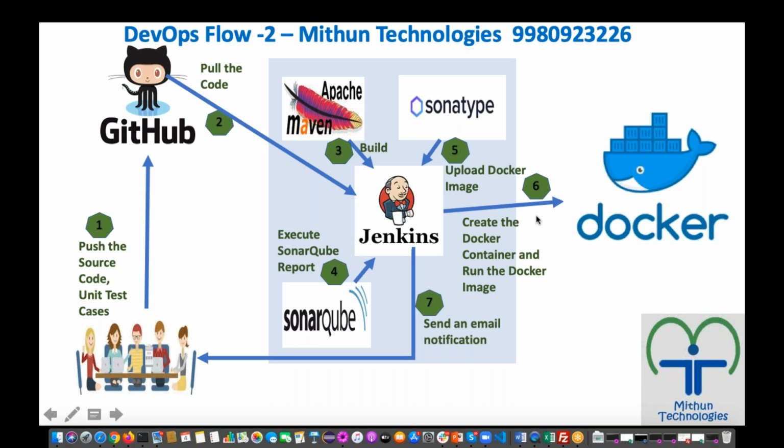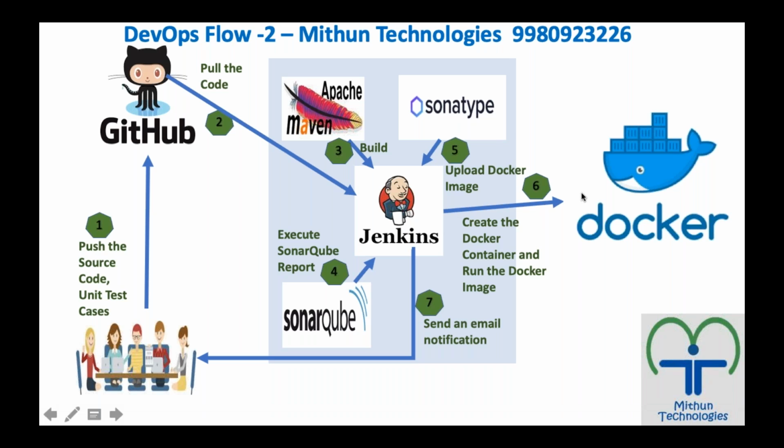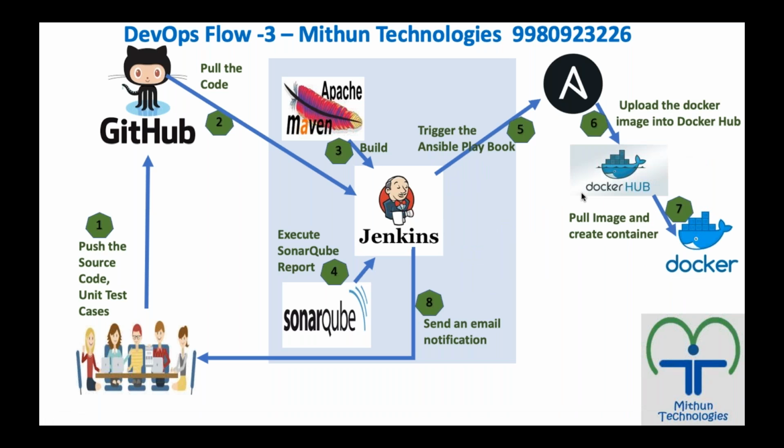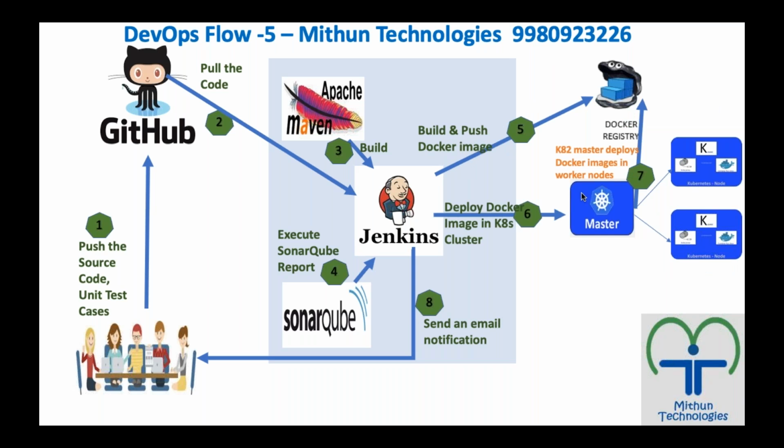Later, we are going to discuss Docker Swarm, then Ansible, then Kubernetes. Guys, if you go through this end to end and explain this flow, this is one way of production deployment. We are going to do it in different ways. This is one way of deploying our application into production.